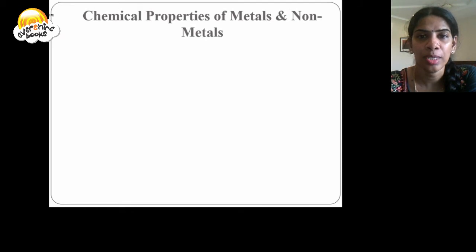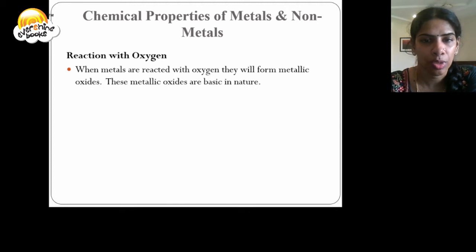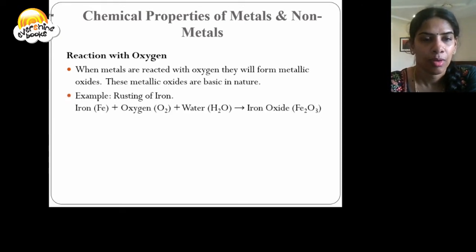Chemical properties of metals and non-metals. Reaction with oxygen. When metals react with oxygen, they form metallic oxides. These metallic oxides are basic in nature. Example, rusting of iron. When iron reacts with oxygen in presence of water, it forms iron oxide.